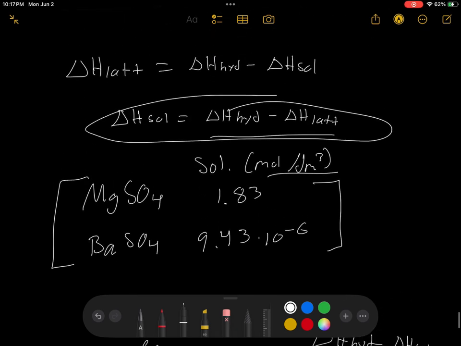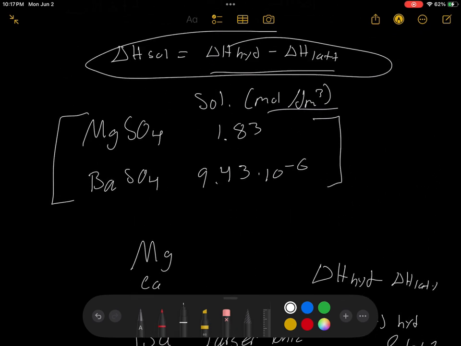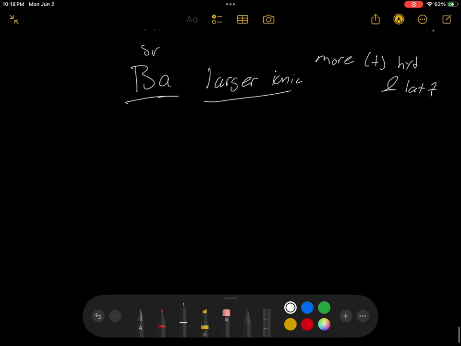But when you're trying to deduce from these solubility numbers, the greater the solubility, the more negative the enthalpy change of solution, right? So that means magnesium would have a more negative delta H solution than barium, because it's more soluble. And remember, more negative means more feasible. In this case, more soluble.